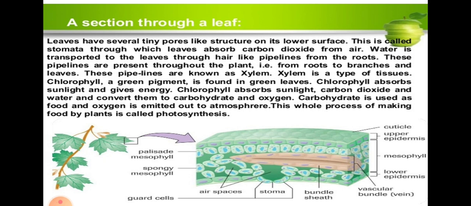This whole process of making food by a plant is called photosynthesis. So this is a section through a leaf. Here you can see the lower epidermis, upper epidermis, vascular bundle, stomata, air spaces, and guard cells, all in a small part of a leaf. We can also observe it with the help of a microscope in our lab.